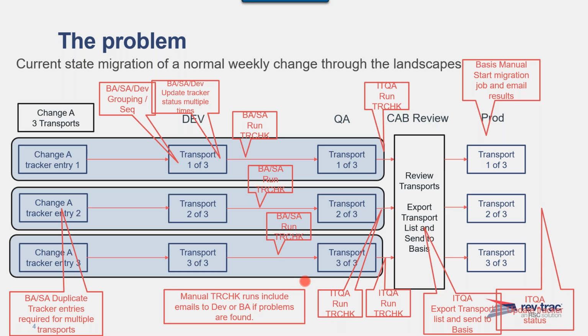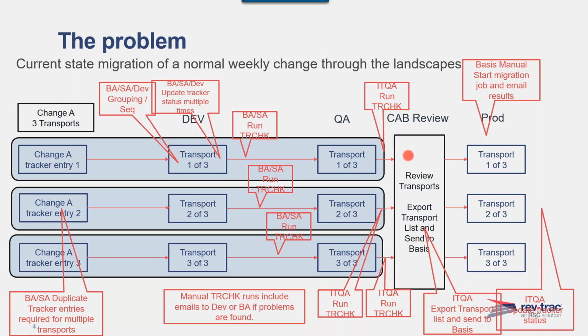In the blue lines, the BAs and SAs were responsible for running the utility to identify problems. As we get over to the CAB review part, the IT QA team, so my team, was really responsible for making sure the sequencing and dependency was clear by the time we get to the CAB review.